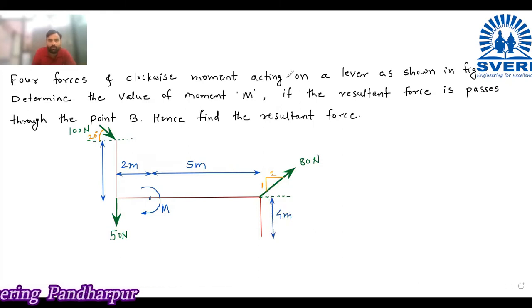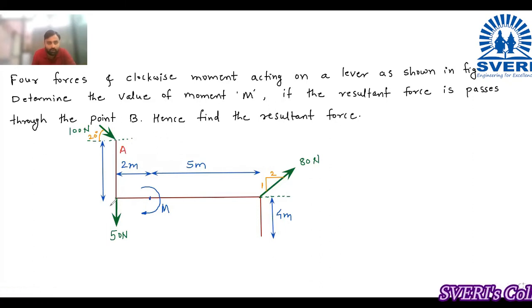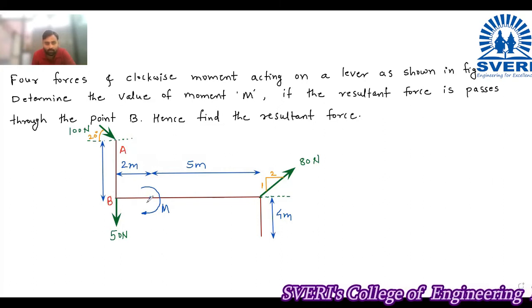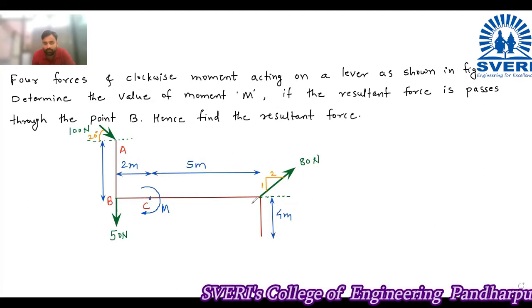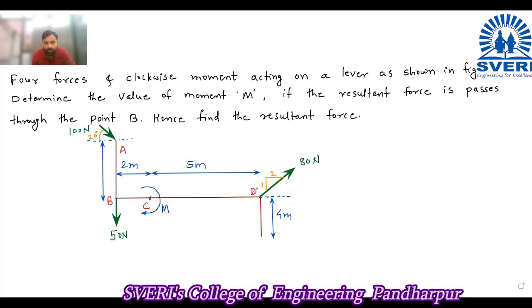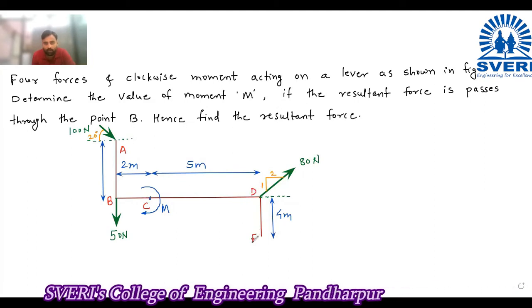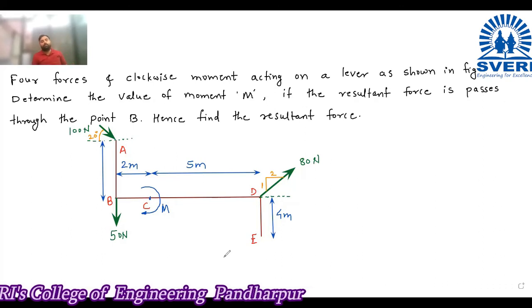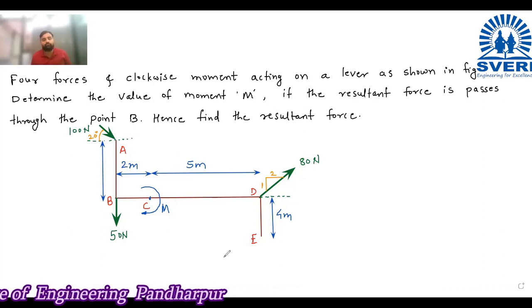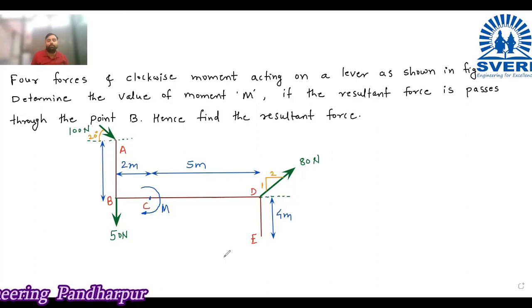Now the names of the points: this is point A, this is point B, this is point C, this is point D, and the last one is point E. So this type of diagram is given to you, and now you need to solve this numerical.